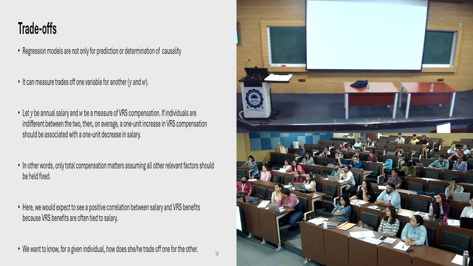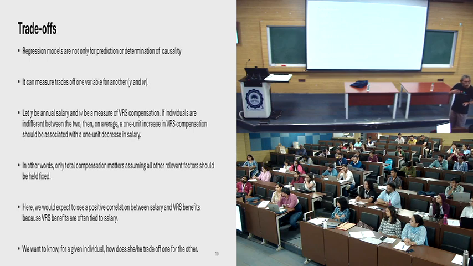Let's think of y as the annual salary of anybody who is working, and let's think of w as a measure of VRS. In India, in banks, some time back, VRS compensation happened, right? A lot of people took it. Then again, the government changed the rule, and you can apply again by giving up some money from the pension, okay? So let's think of y as the salary and w as the measure of VRS compensation.